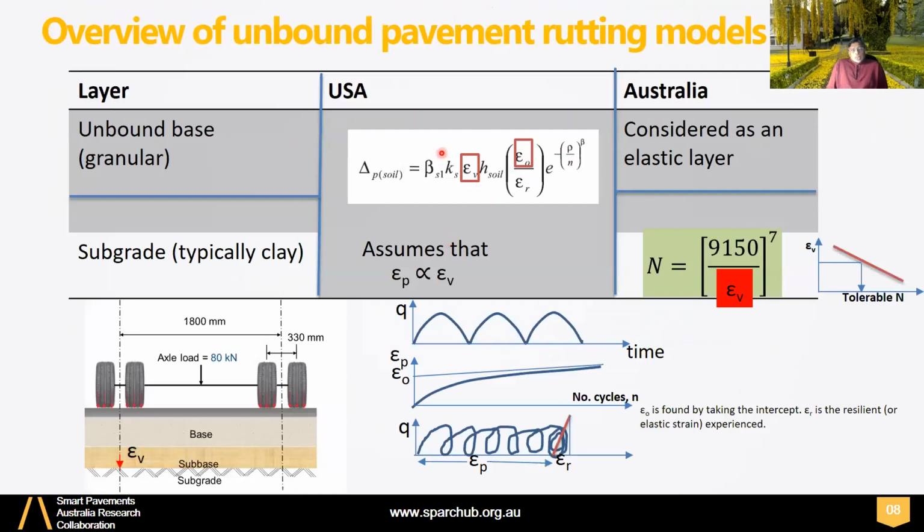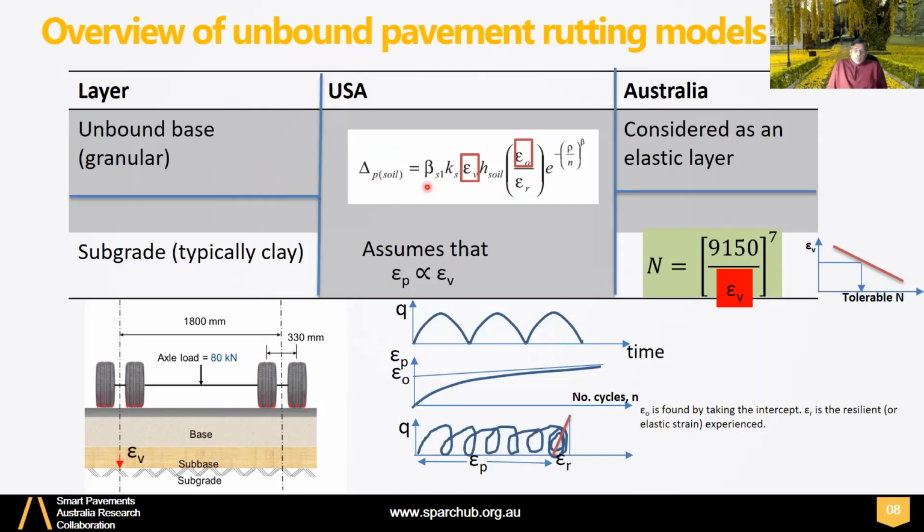So let's look at how this rutting is handled by pavement design guides. So USA has a direct rutting calculation equation. So delta P is the rutting, and that same equation applies to unbound as well as subgrade. So you can calculate for the unbound layer and subgrade layer and add them up to get the total rutting, which then is the performance limit.